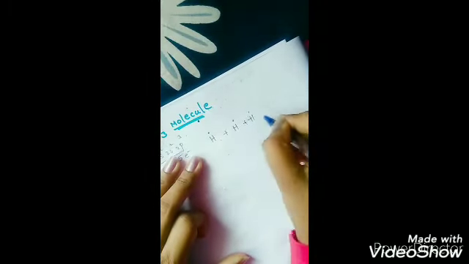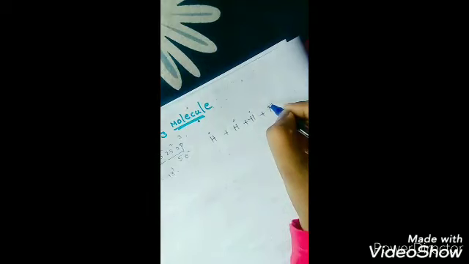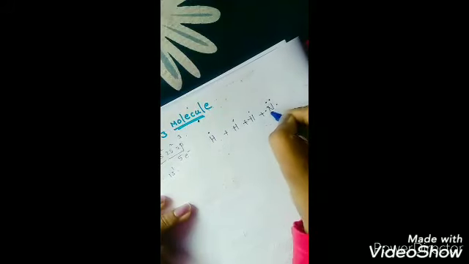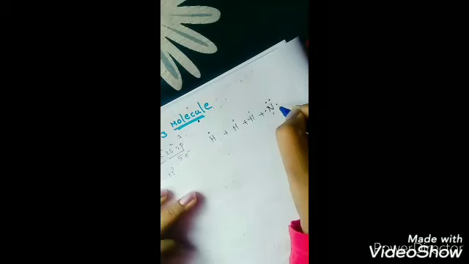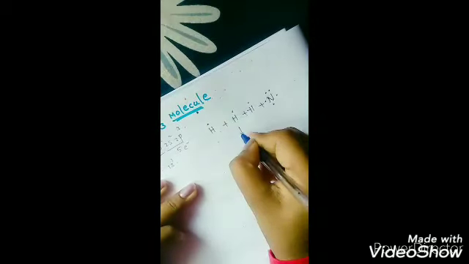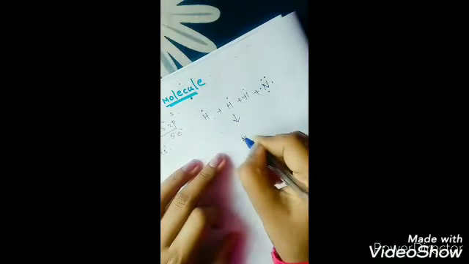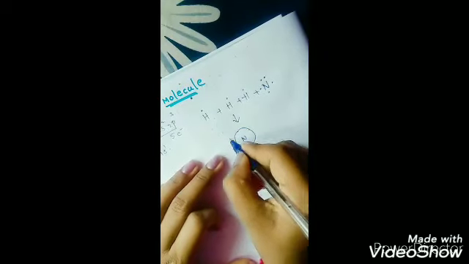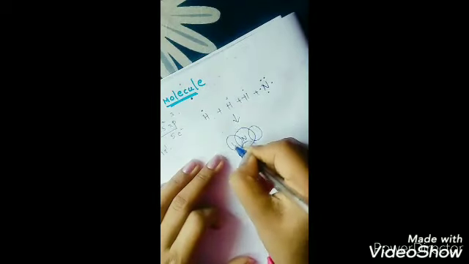You have to write 3 hydrogen atoms and 1 nitrogen atom. It has 5 valency electrons: 1, 2, 2, 3. We have to represent it like this. Why? Because nitrogen has its own valency, that is 3. It needs to form 3 bonds. If you combine these electrons, nitrogen is the central atom, and the surrounding atoms are the hydrogen atoms.